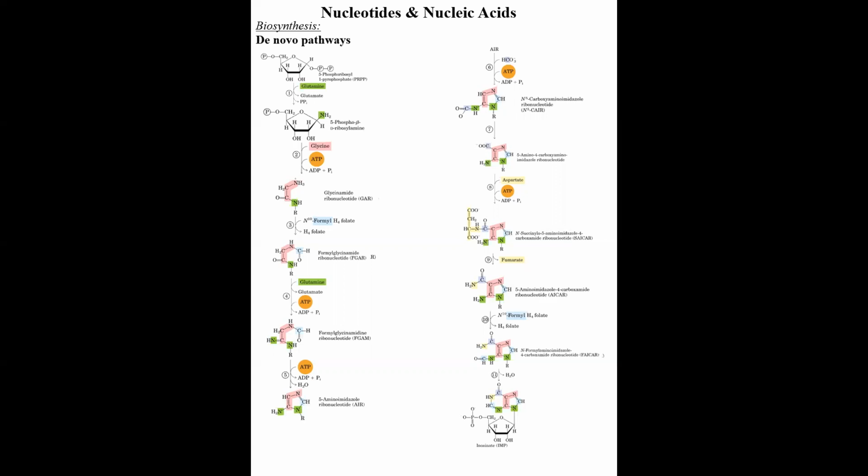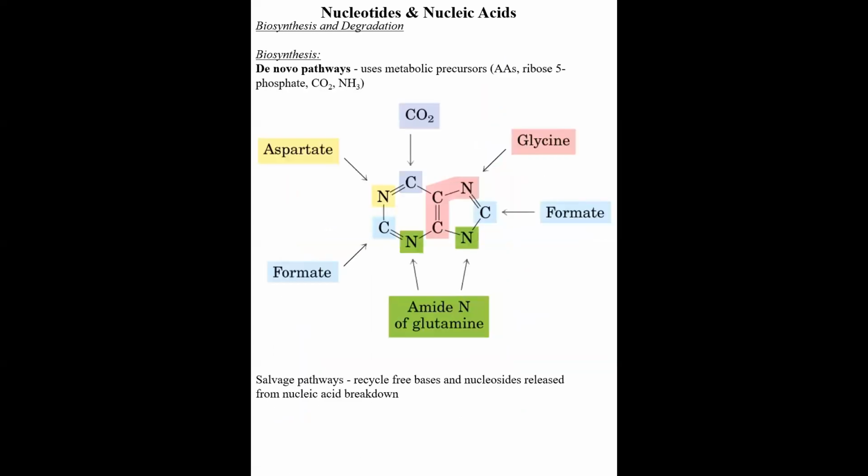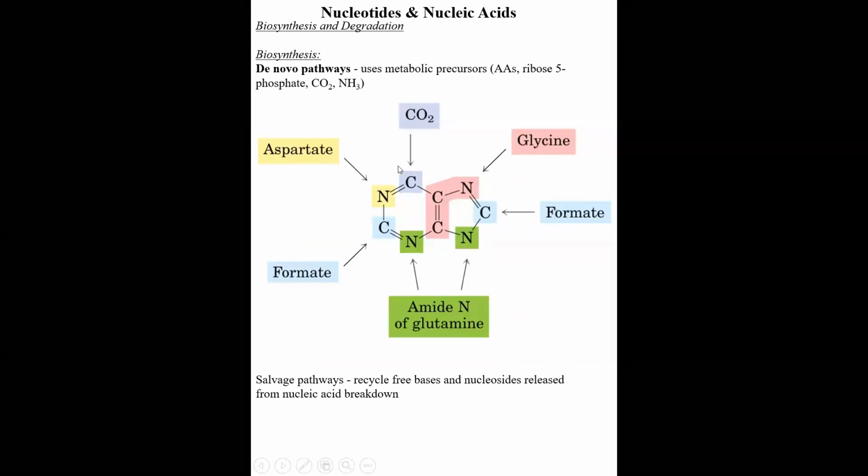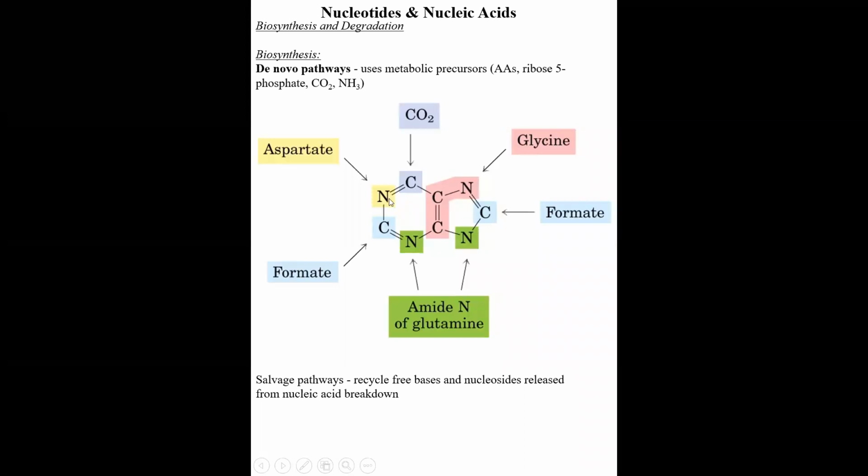5-amino imidazole ribonucleotide, because at the 5th carbon there is attachment of amino group. And the next step, as you all know, in the next step there occurs attachment of CO2 at the top on this carbon.